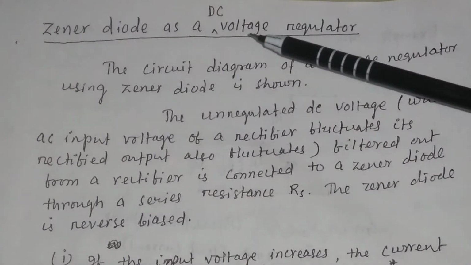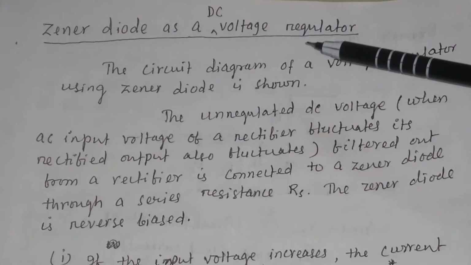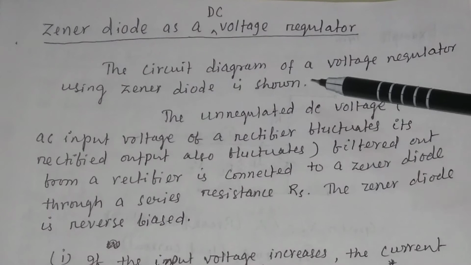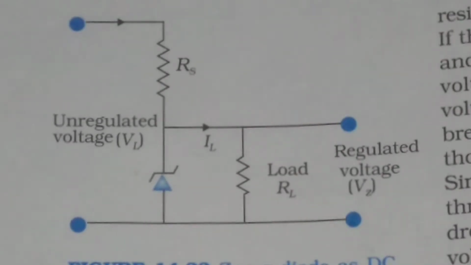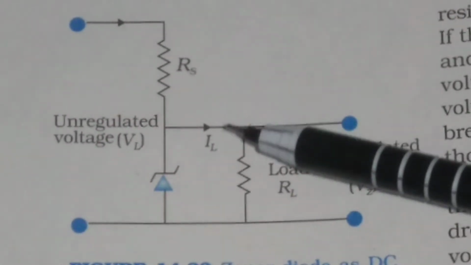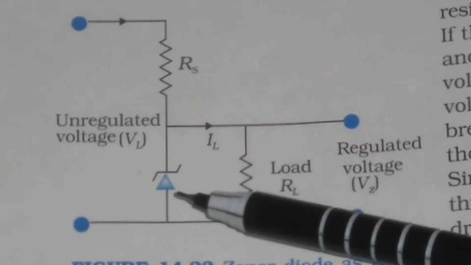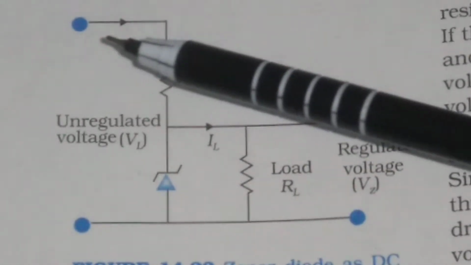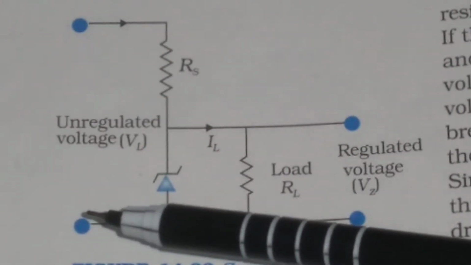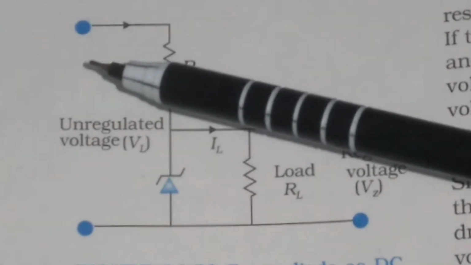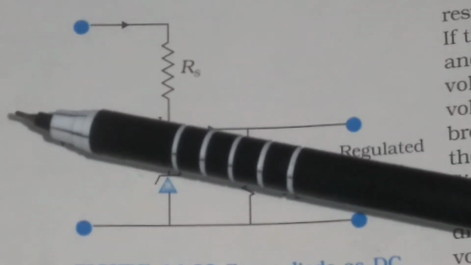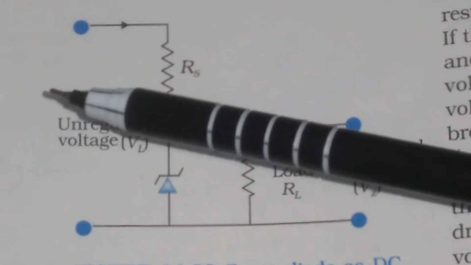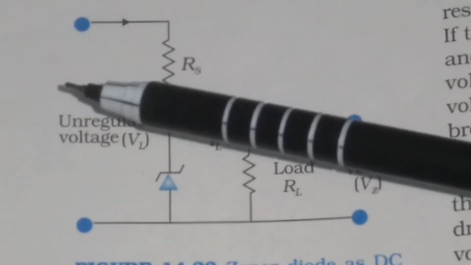Now let us discuss how a Zener diode acts as a DC voltage regulator. The circuit diagram of a voltage regulator using a Zener diode is shown. This is the output from the filter circuit. As you know, a rectifier converts AC into DC, and that DC contains ripples.